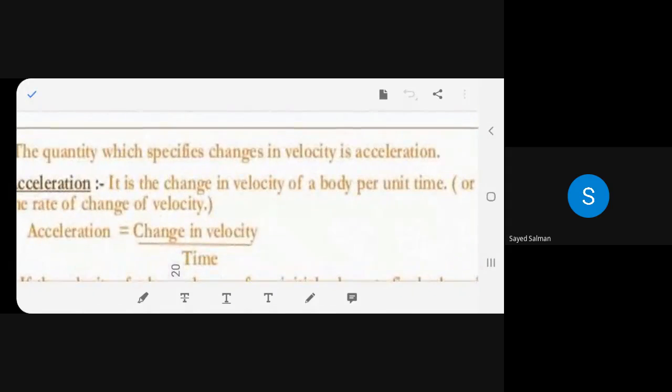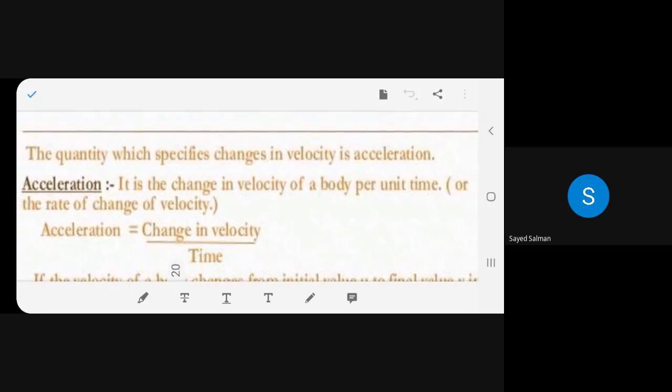It is the change in velocity of a body per unit time, or the rate of change of velocity. Fine. So acceleration is change in velocity divided by time. Whenever we are doing anything about change, it has to be divided by time.